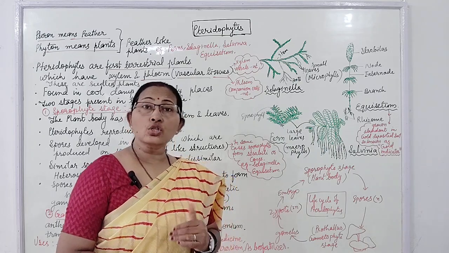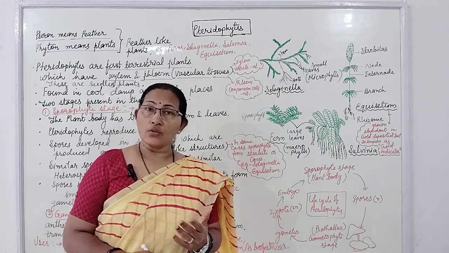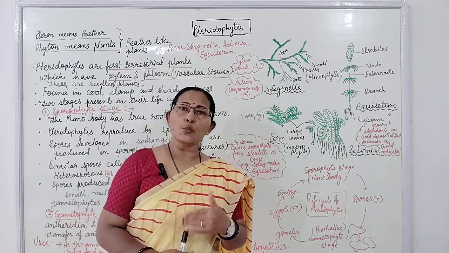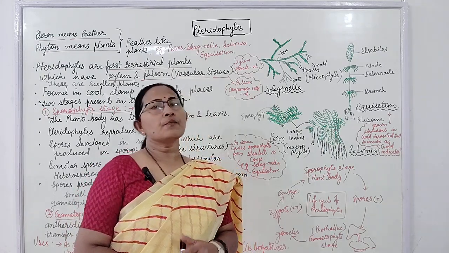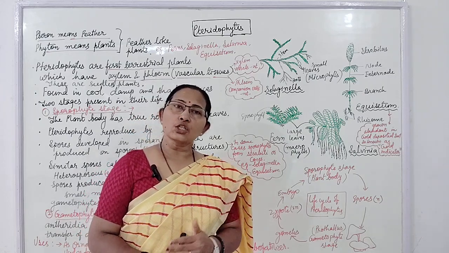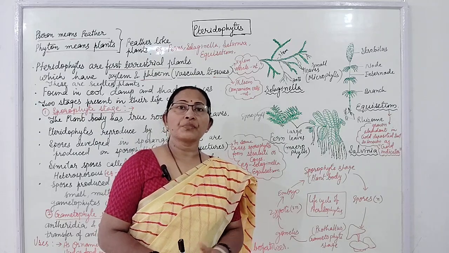Spores of similar size are called homosporous, and spores of dissimilar size are called heterosporous.